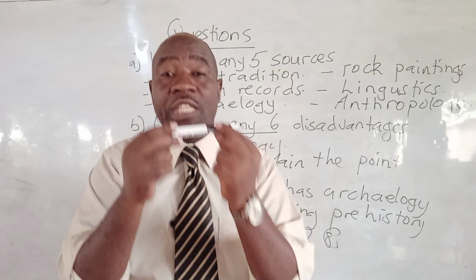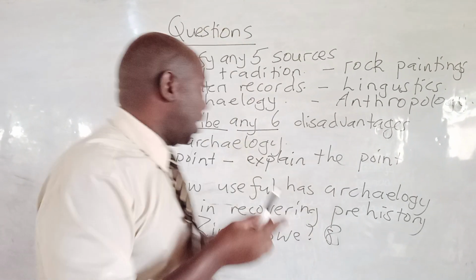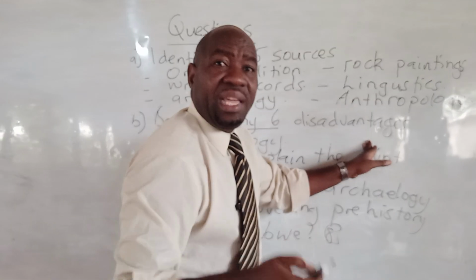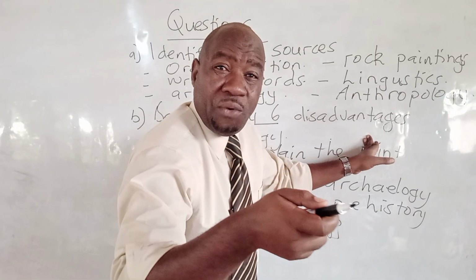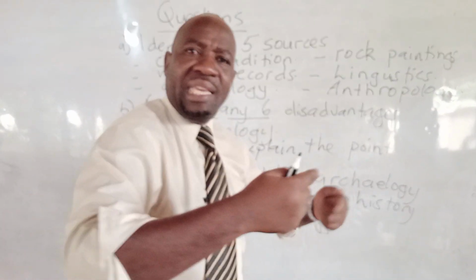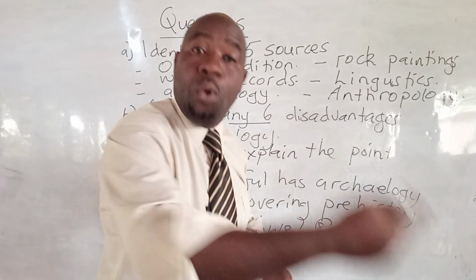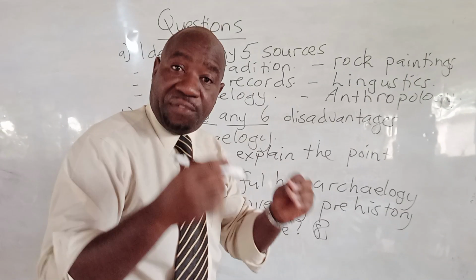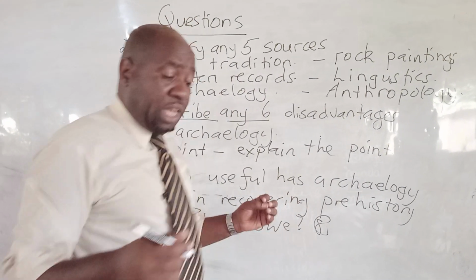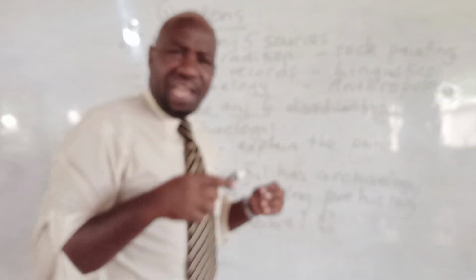So you can say that archaeology does not provide us with the names of our people. Full stop. The historian has to put information on the bone so that we know more about the artifact that was dug by that historian. So you give a point, you explain a point, you give another disadvantage.